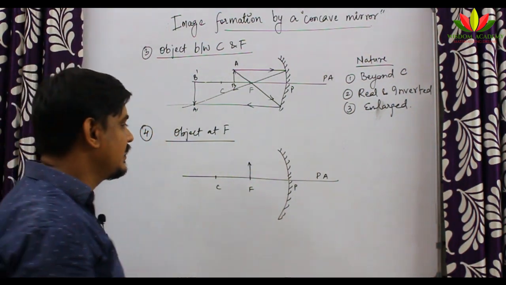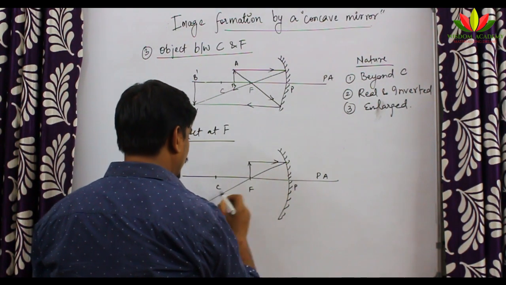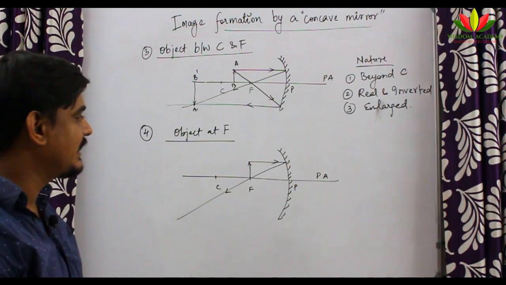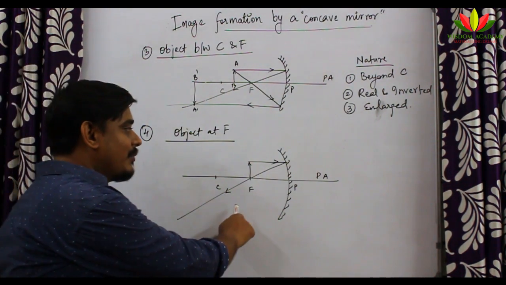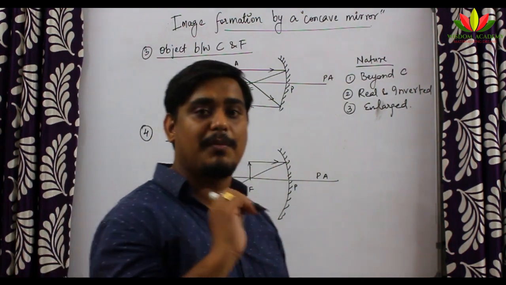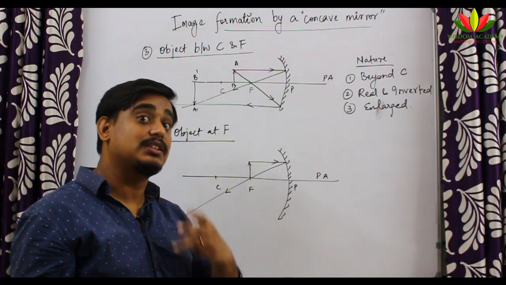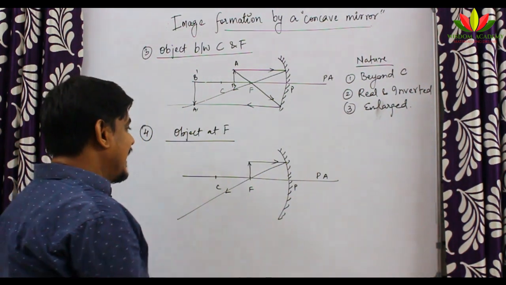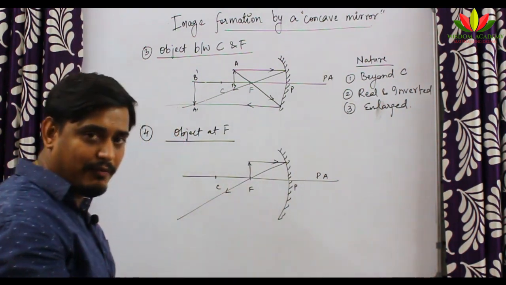So the first ray goes parallel to the principal axis and will pass through the focus, no doubt in that. Now for the second ray, can I pass it through the focus? No. So here you have to remember that I cannot use the second rule of image formation where I passed the ray through the focus. So I will go for the third rule of image formation. What it says: any ray passing through the center of curvature will reflect back in the same path.